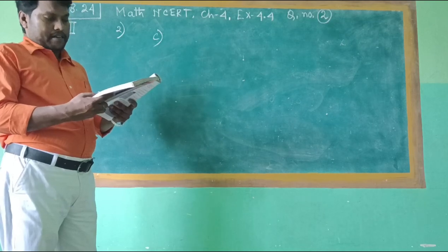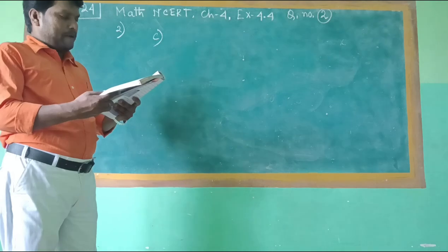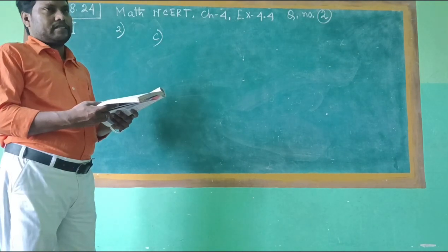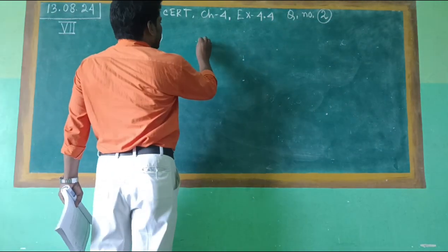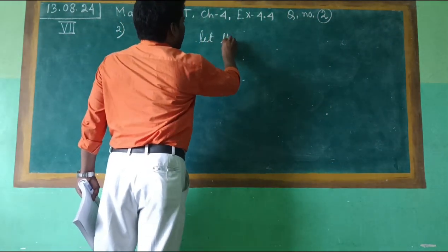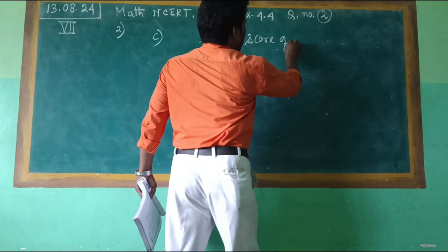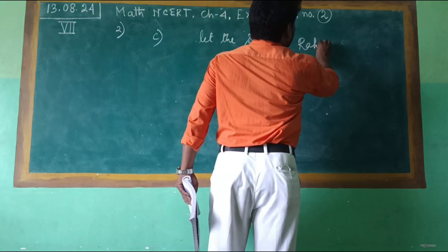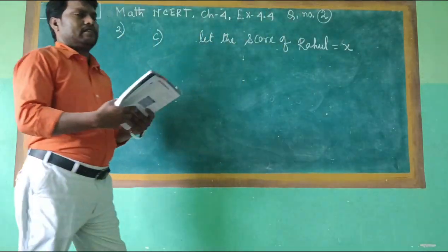And together their runs fell 2 short of a double century. That means let the score of Rahul equal to x.